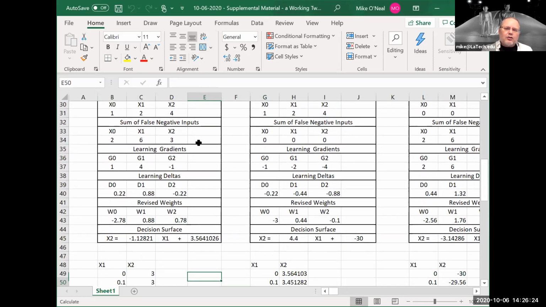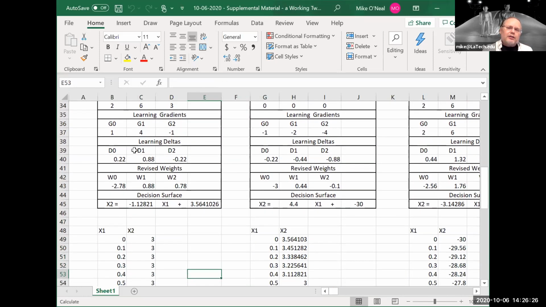Okay, and so now my learning delta is 1 times 0.22, that's 0.22, 4 times 0.22, that's 0.88, and minus 1 times 0.22, that's minus 0.22. So then you take this learning delta and you add it to the original weights that you had.